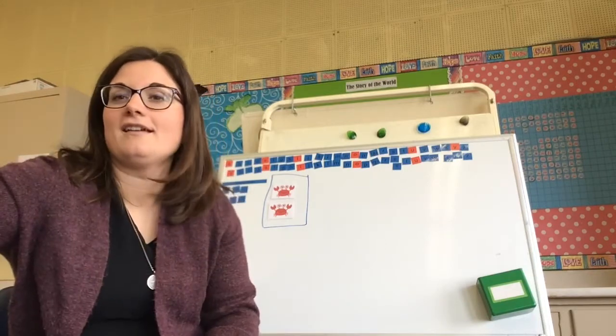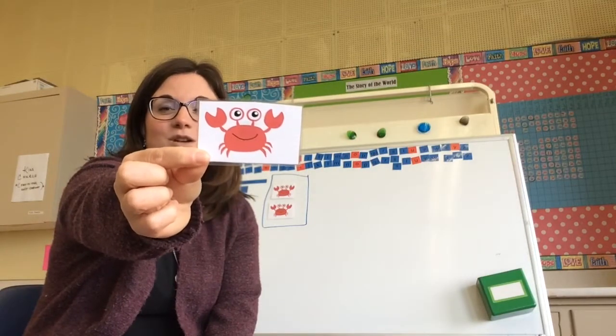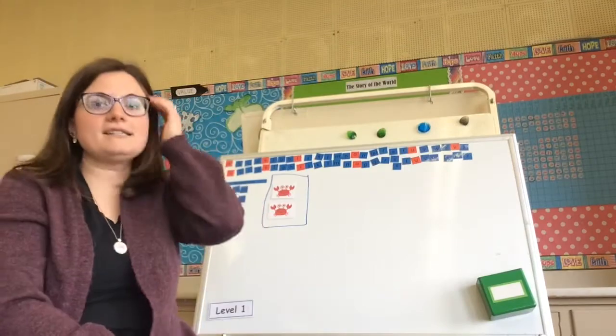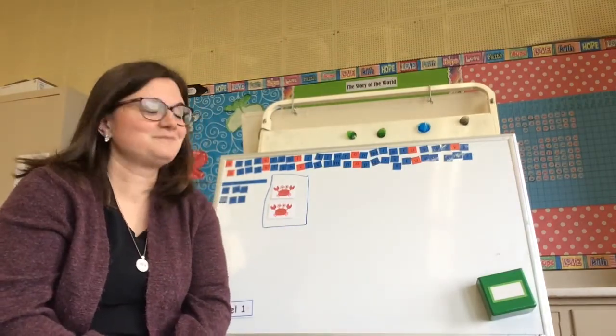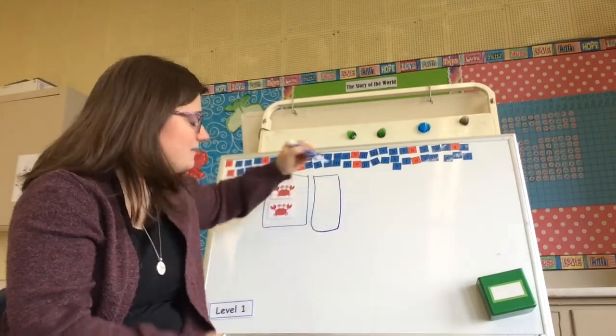And today, if you can see behind me on the board, we are going to do some groups with our crabs. Okay, so you'll notice in my first blue box, how many crabs do I have? I have 2. I'm going to draw another blue box here.